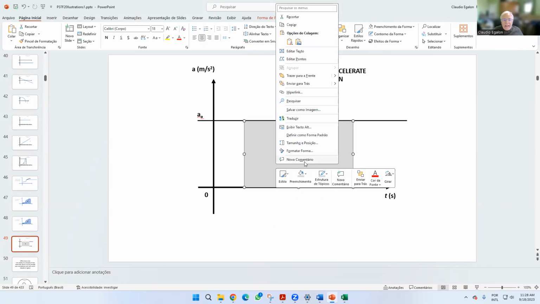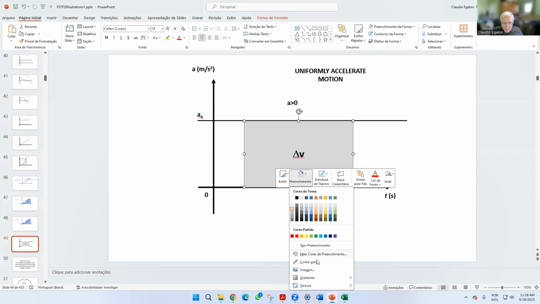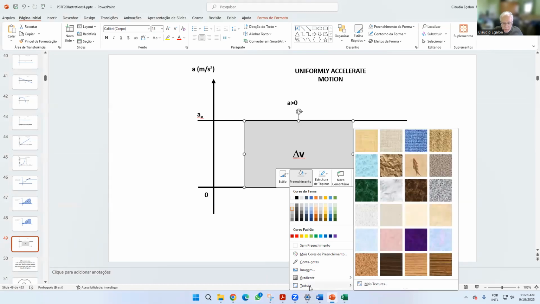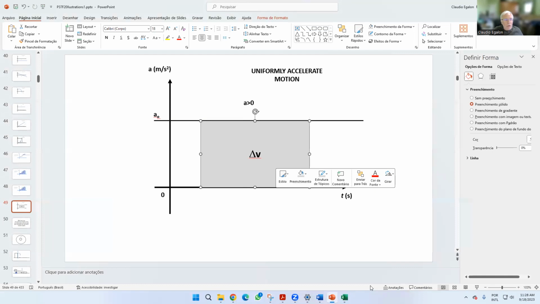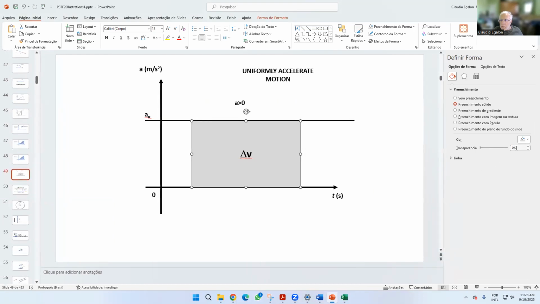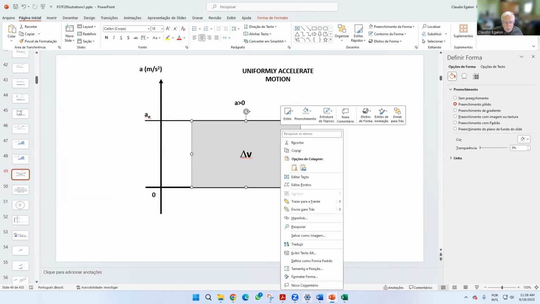And I gotta do something better. Come on, uniform. Right in here. Texture. Let's see if I can get a better filling here. Filling element. More textures. Yeah, doesn't look like they have others.